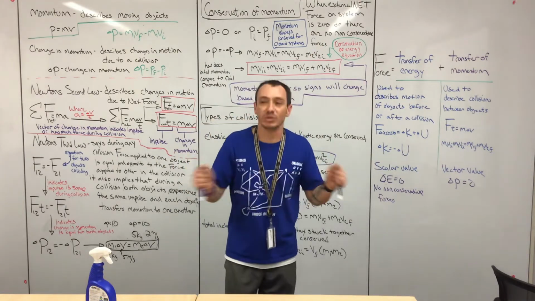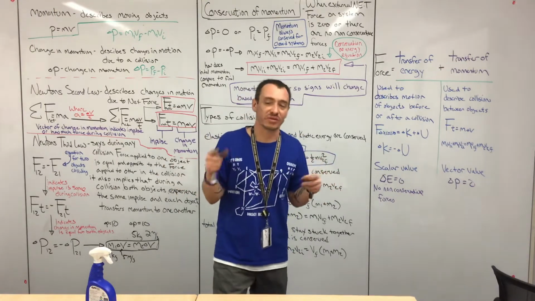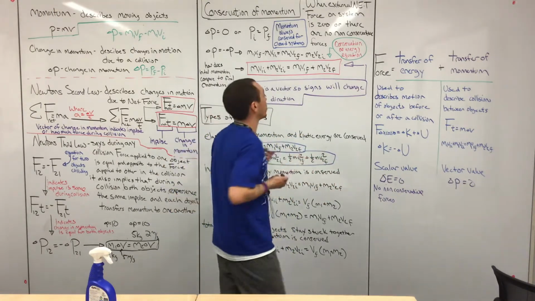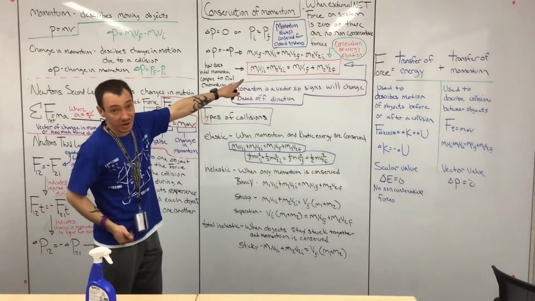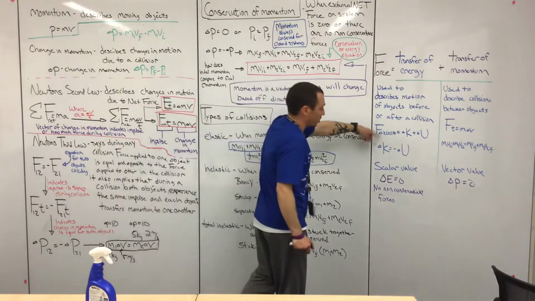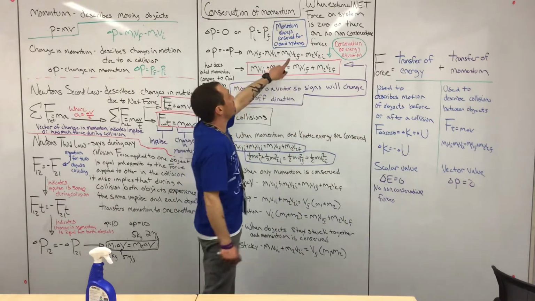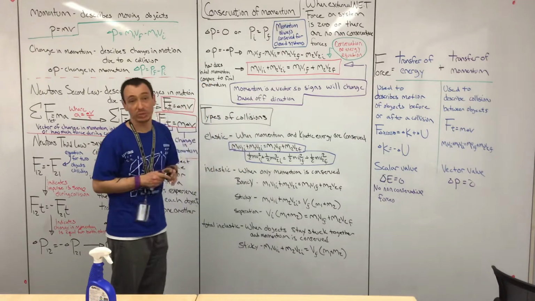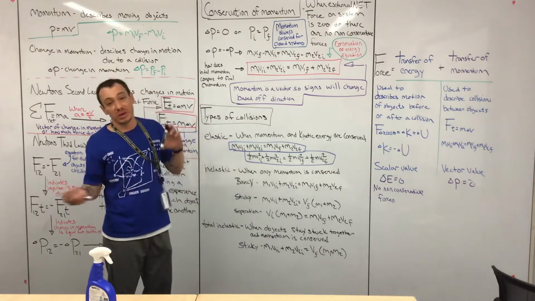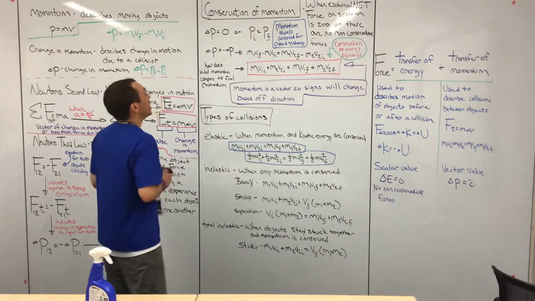Like if we talk about two cars crashing into each other, we're going to assume that the friction there is negligible, or we're not going to worry about it. But keep in mind that momentum isn't always conserved, just like energy wasn't always conserved. In this class, we're going to always say that it will be. So understand that it's not, but understand why we're saying that it is in this class.